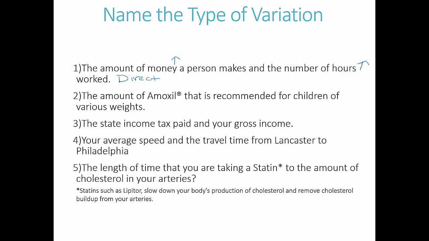Let's take a look at the second example, the amount of Amoxil that is recommended for children of various weights. Amoxil was the med on our quiz. It was based on the child's weight, so when the child weighed more, they needed to take more Amoxil.